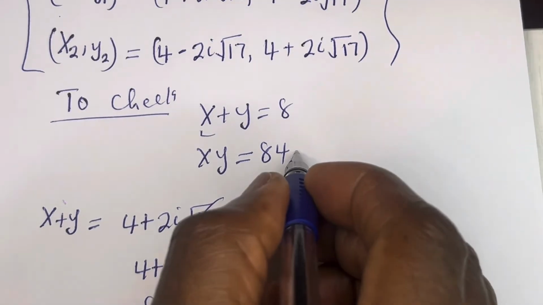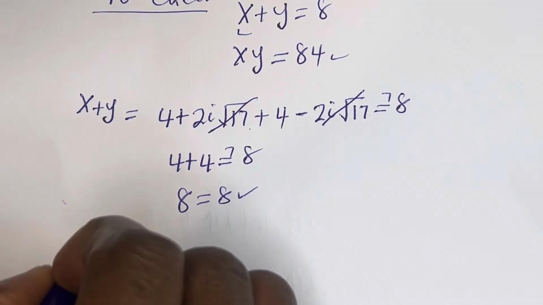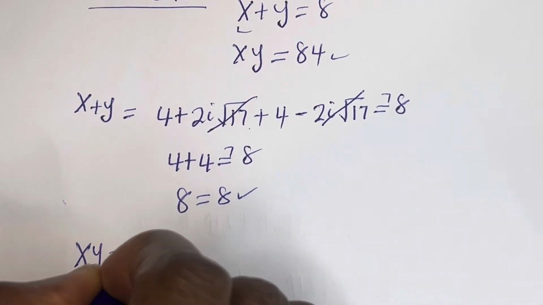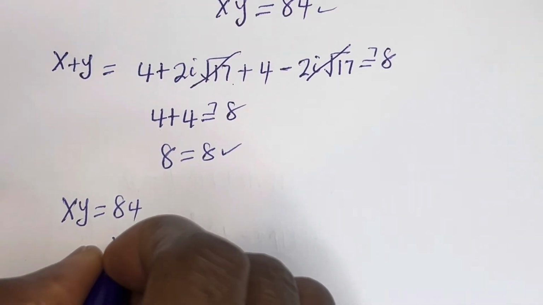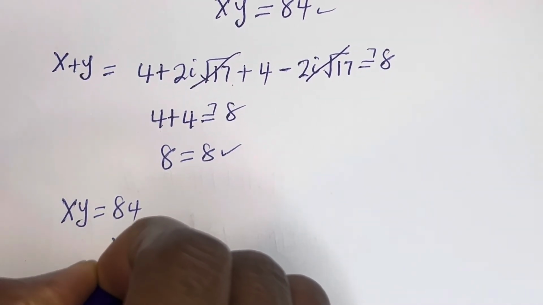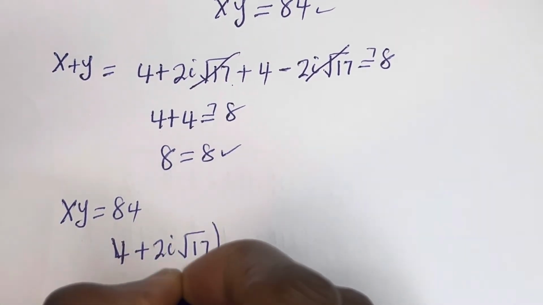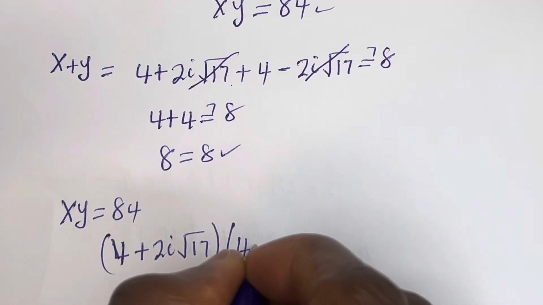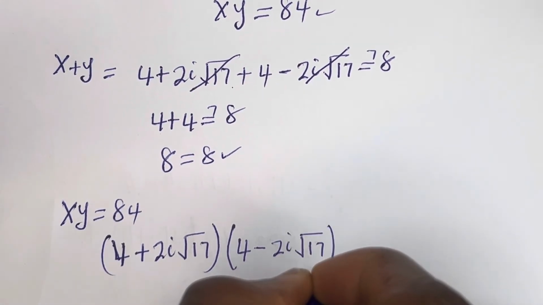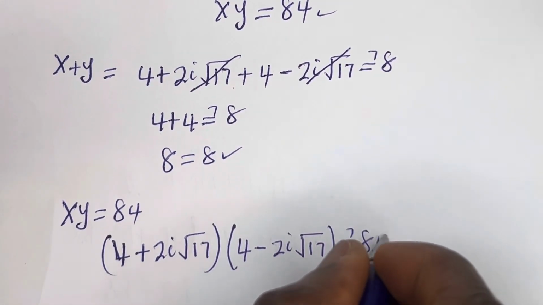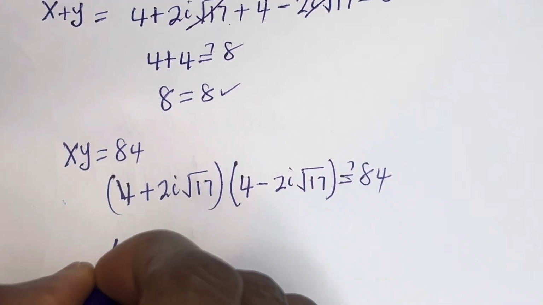Now let's consider this. sy is equal to 84. Then here we have 4 plus 2i square root of 17 multiplied by 4 minus 2i square root of 17 must be equal to 84. Then this is 4 times 4, that is 16.